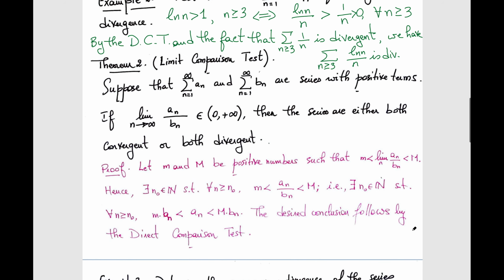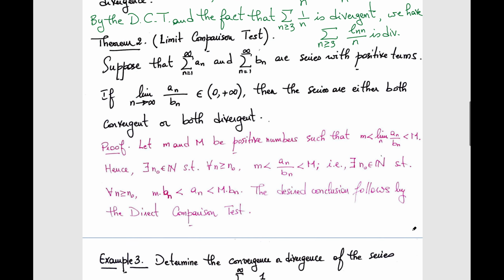Okay. How does the proof go? Since this limit is a finite and positive number, I can place it in between two positive numbers, right? So one more time, I know that this is a number that's positive and finite. So I can fit it in between two positive numbers, right?